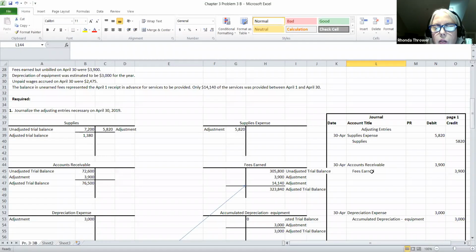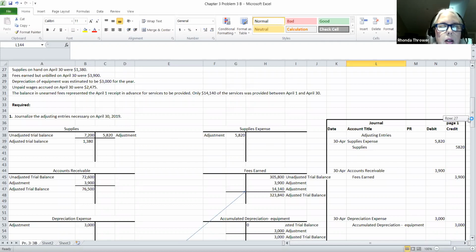Accruals increase both accounts, whereas your deferral, like we did up here, one account went down, that was your supplies account. Remember to decrease supplies, which is an asset, you credit, and the expense account went up. So there's a pattern to these, and I think once you see that, you won't have any trouble with creating adjusting entries.